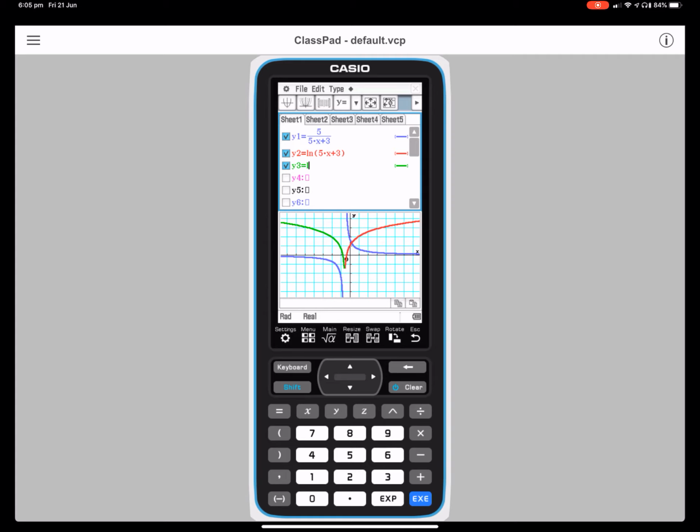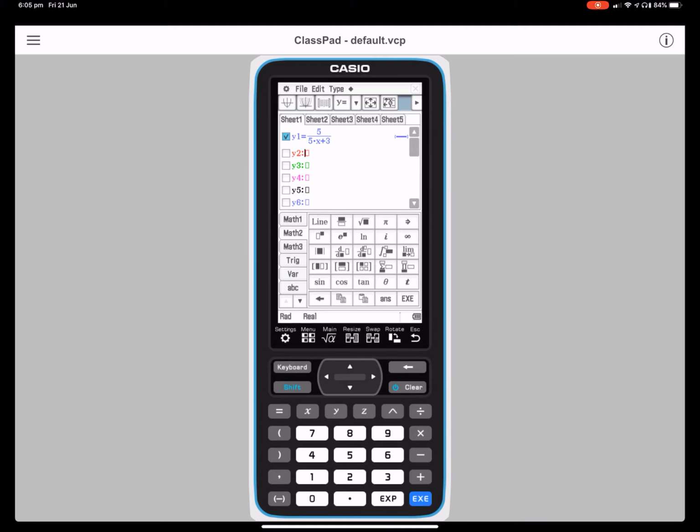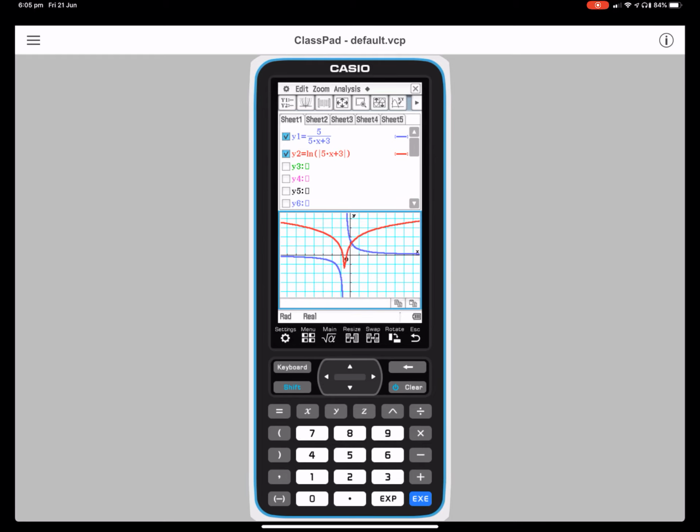If we were to say that when I integrate it, I get log e, and then we said mod 5x plus 3, that gives us both the left and right hand side. So it does it both without having to split it into two functions.